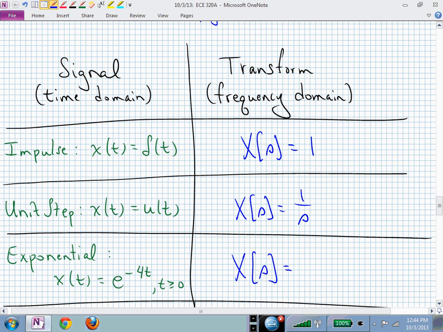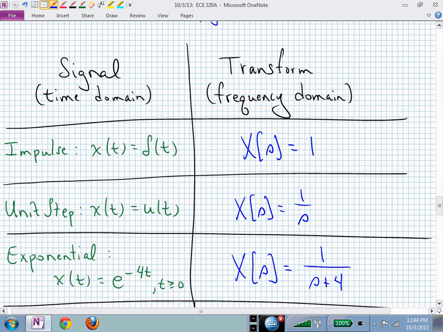Do you remember? So we were looking at e to the minus gamma t. And we found that that was 1 over s plus gamma. That's all we're doing here. If we have an e to the minus 5t, then its Laplace transform would be 1 over s plus 5.